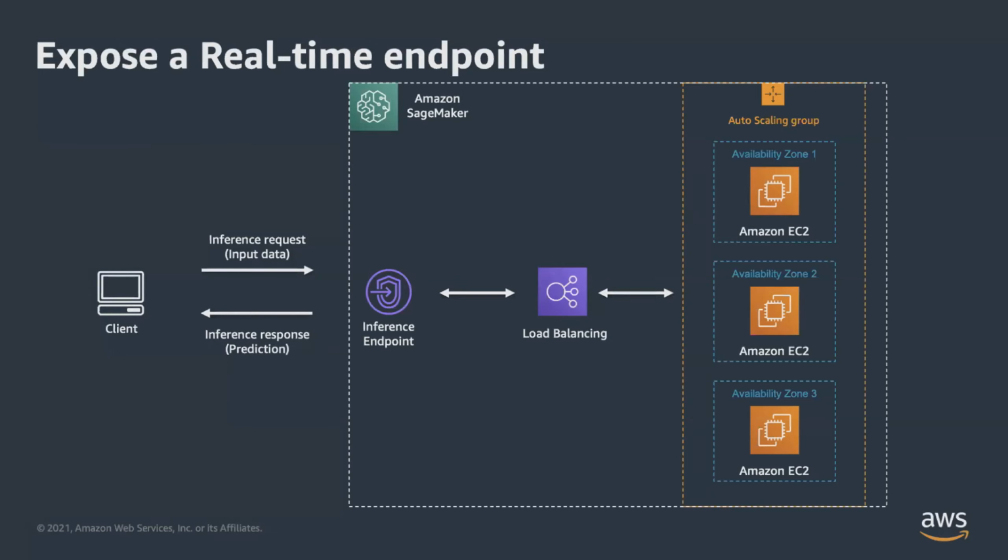For instance, if you already know that for some part of your time you will need more machines, when you deploy your models to a SageMaker endpoint, you can specify which model you're deploying, the minimum and the maximum instance count, and what kind of scaling criteria you want to apply for auto scaling.